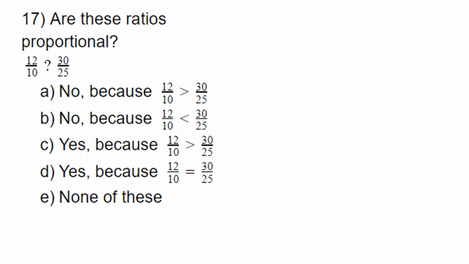Are they proportional? Well, let's find out. We have 12 over 10 and 30 over 25. That is a sloppy 0. I think maybe what I would do is cross multiply.